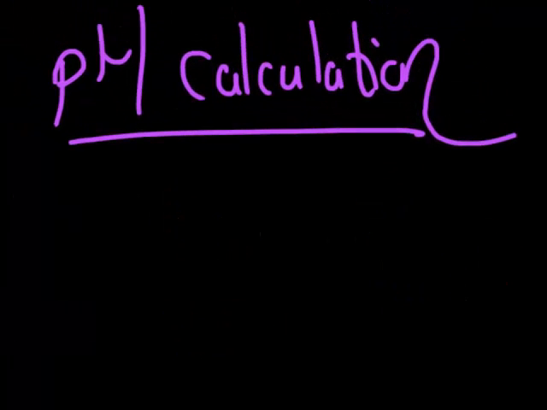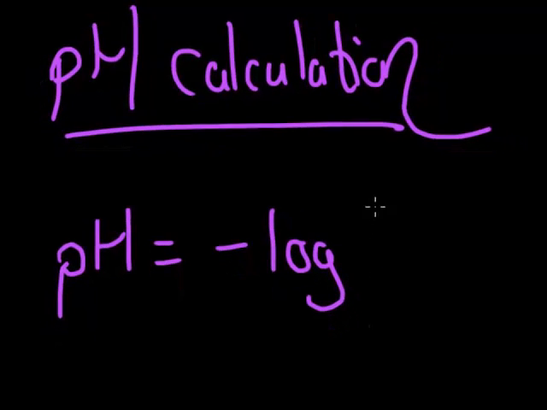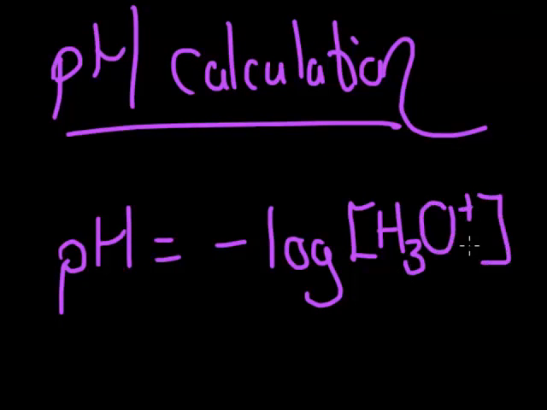Now, when calculating the pH, there's a specific formula that we make use of. This formula will be given to you, and that's equal to negative log multiplied by the concentration of the hydronium ion. Not the hydroxide ion, not water, but the hydronium ion concentration. This is the formula for calculating pH.